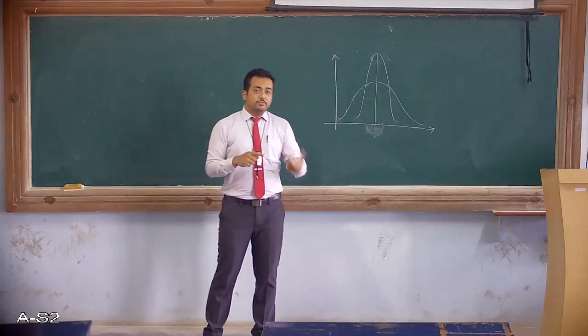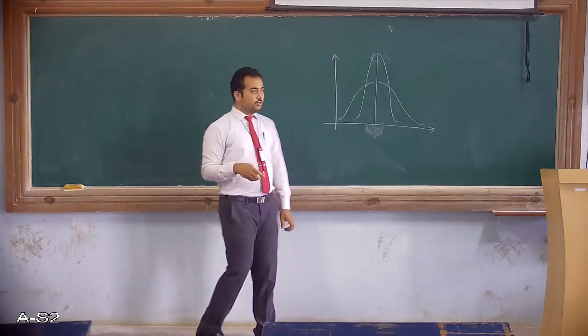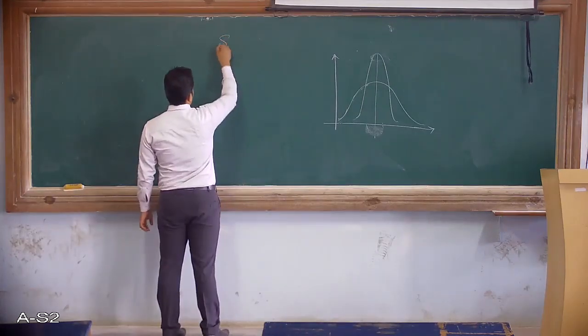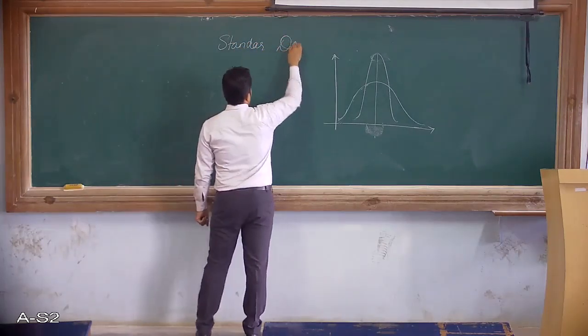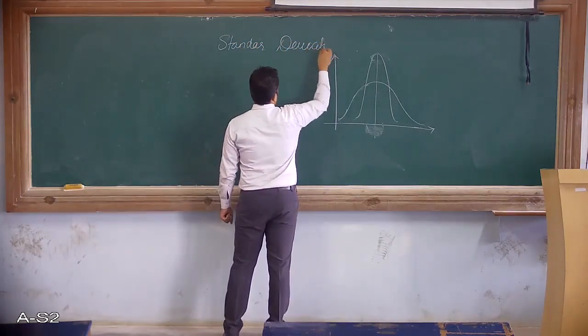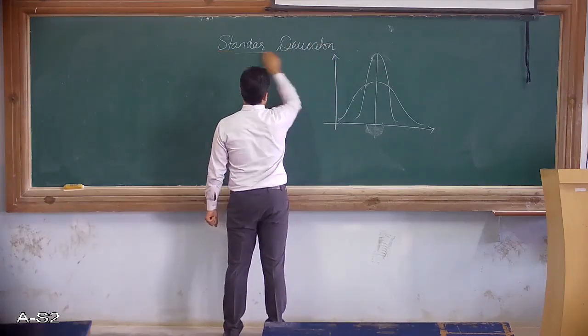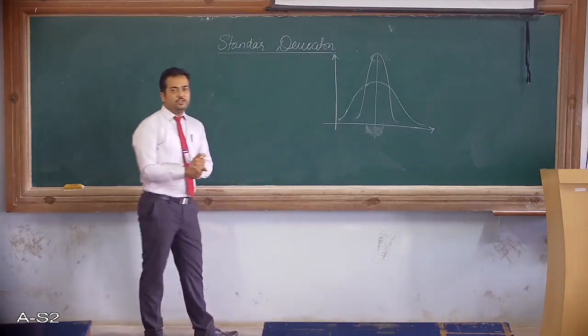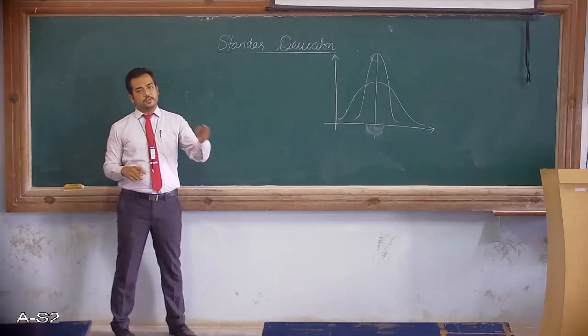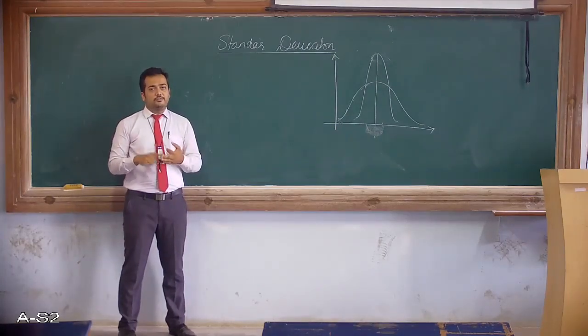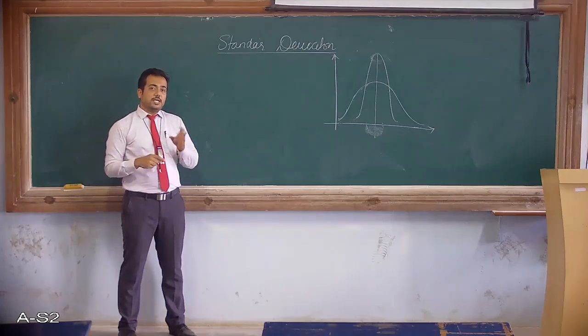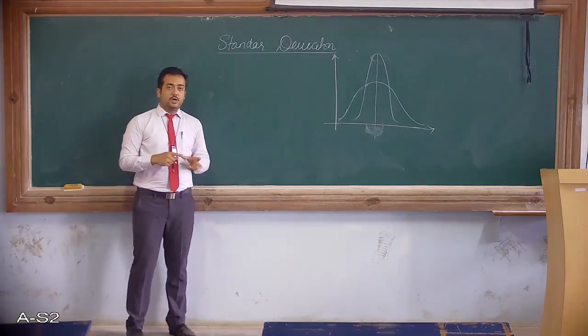So we have a new measure of dispersion called the famous standard deviation. Standard deviation takes into account all the observations in the entire distribution, and for every observation or every class, the deviation is considered as it is.